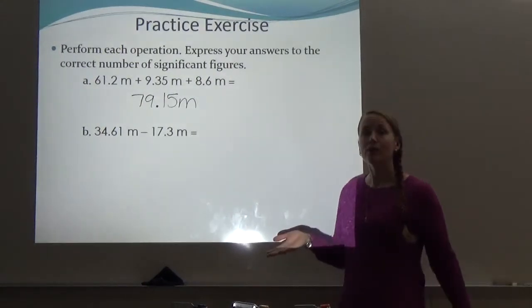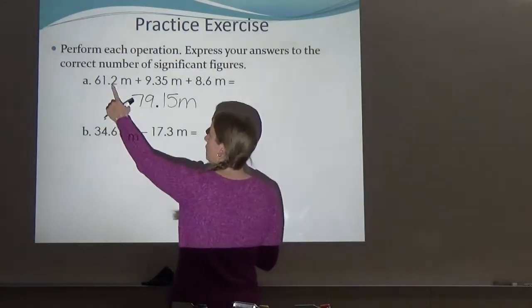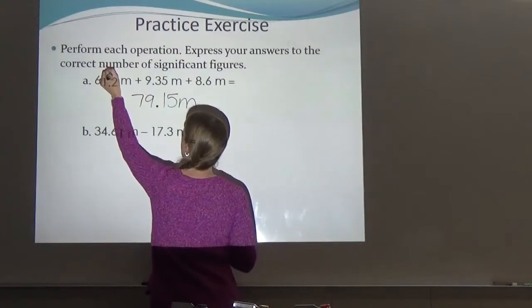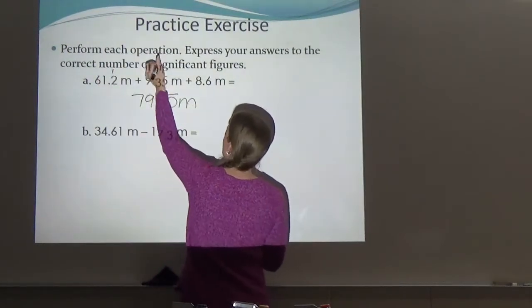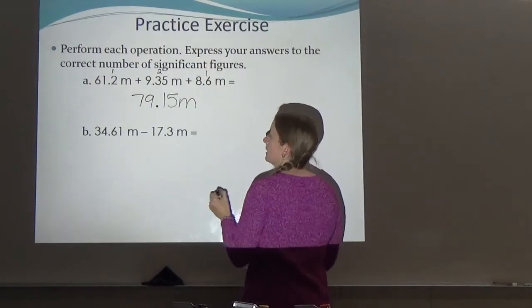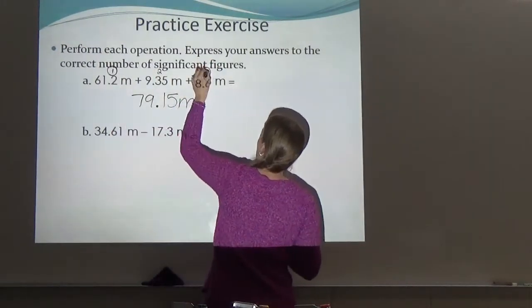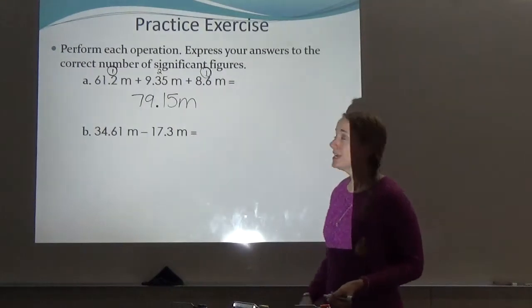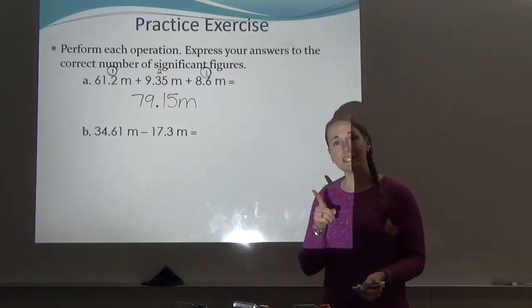So how do we know where to round? Well, my first number has 1 decimal place. My second number has 2 decimal places. My third number has 1 decimal place. So my lowest amount, of course, is 1 decimal place. So that means I need 1 decimal place in my answer.